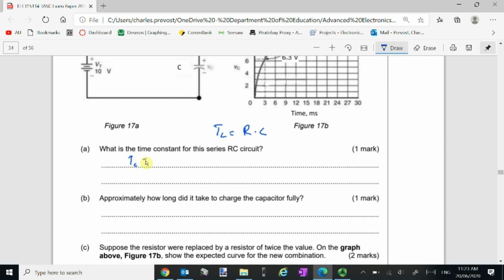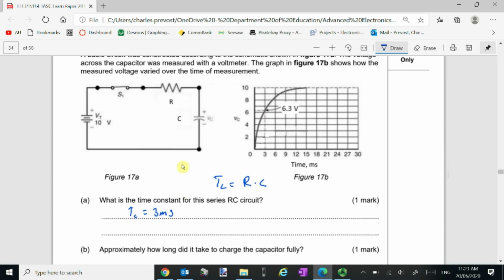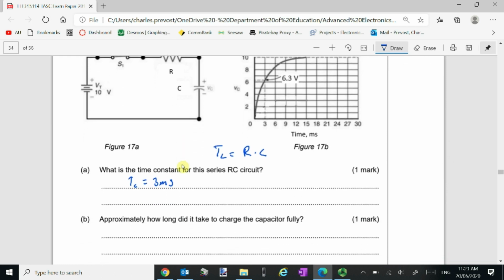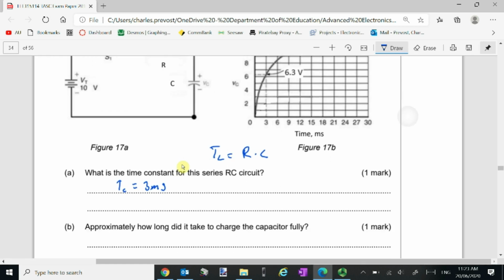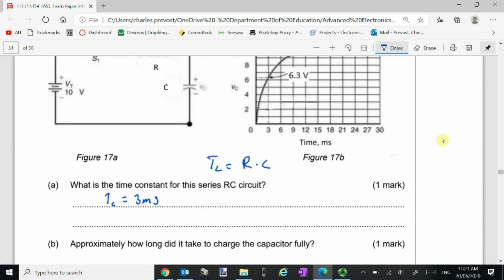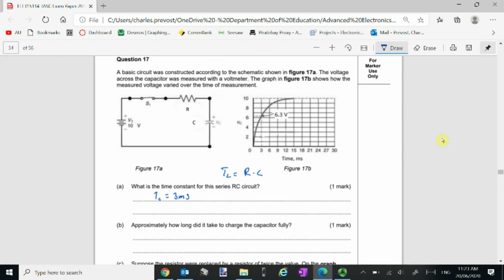So TC is 3 milliseconds, and this is the time constant. So just reading it off the graph here, like that.